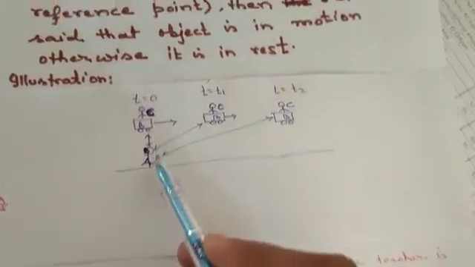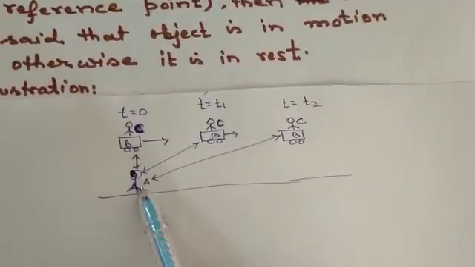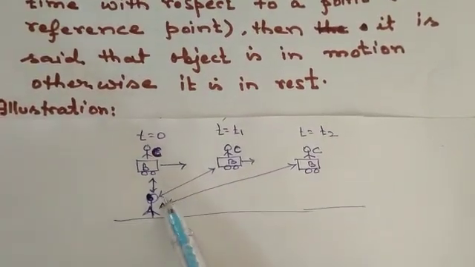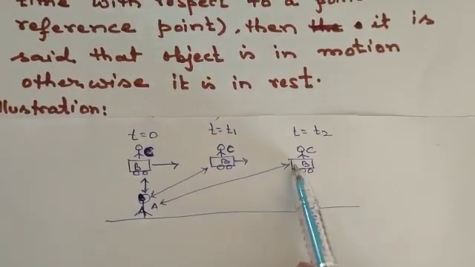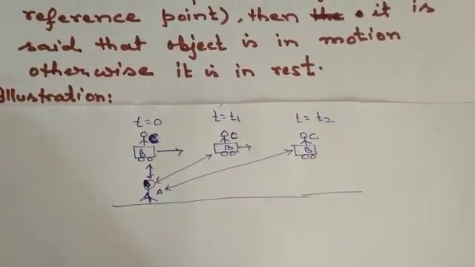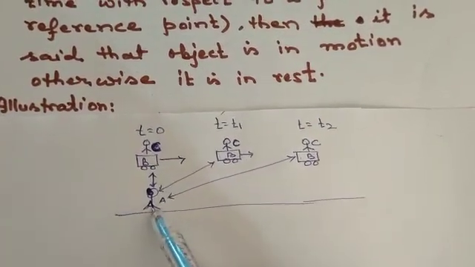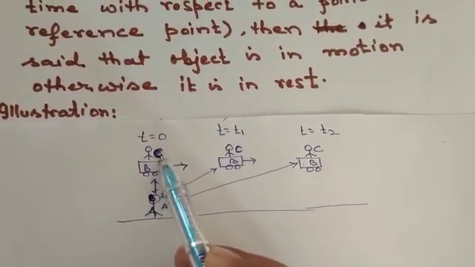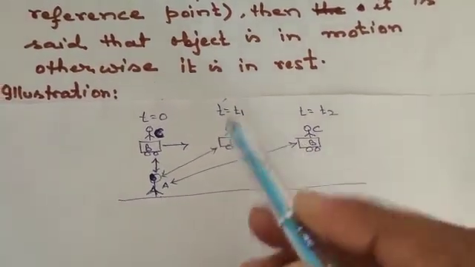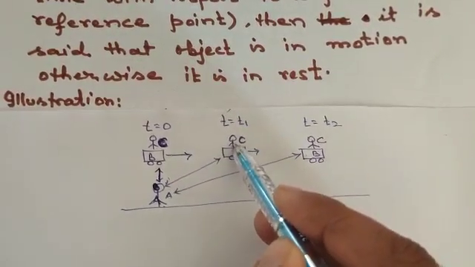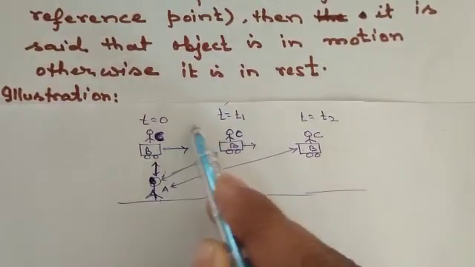Now, in reference of A, the position of B as well as C is changing with respect to time. So in reference of A, B is in motion, and with respect to A, C is also in motion because the position between this and this object is changing as time is passing.